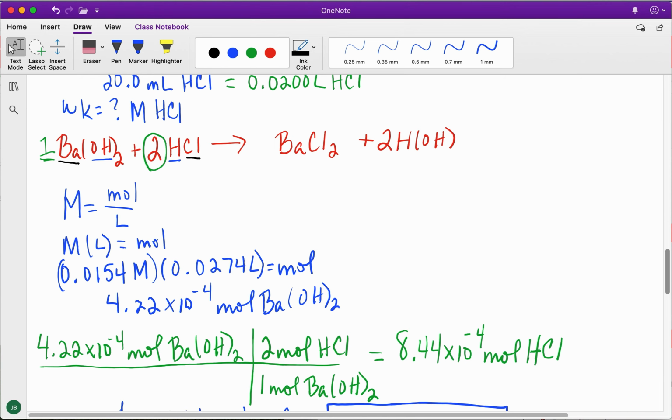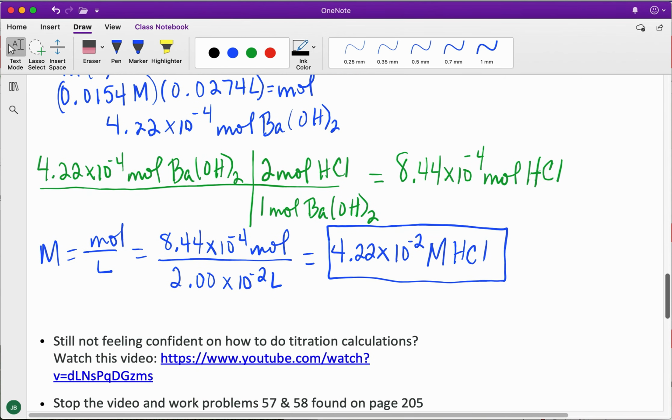Then we set up a very simple mole stoichiometry problem where we went from moles of what was in the burette to moles of our unknown in the Erlenmeyer flask. We took that mole amount and with the given volume in the Erlenmeyer flask, we could determine the concentration of the hydrochloric acid.